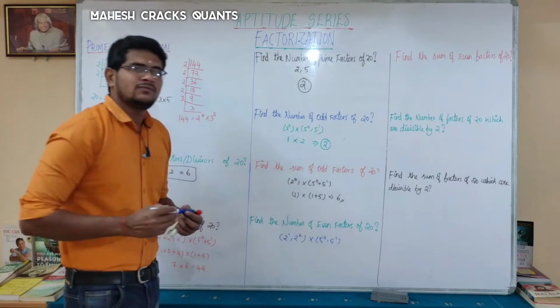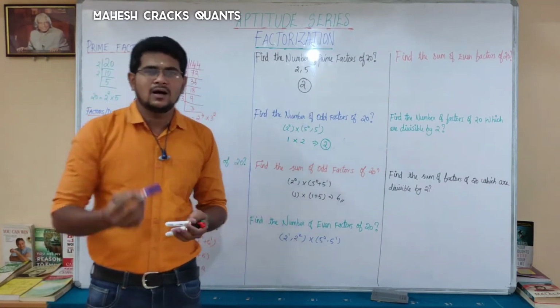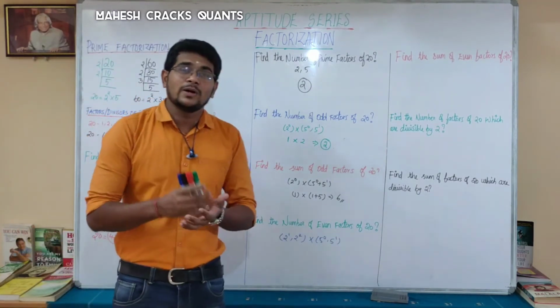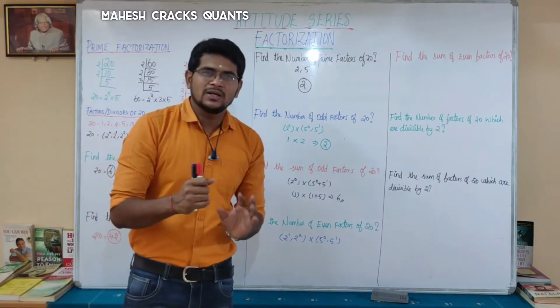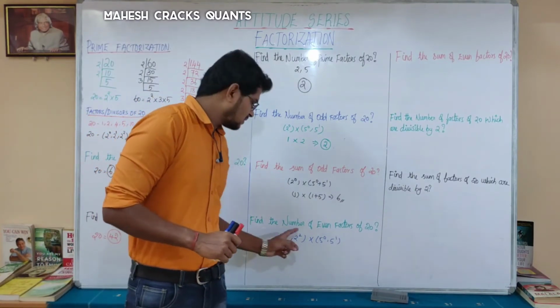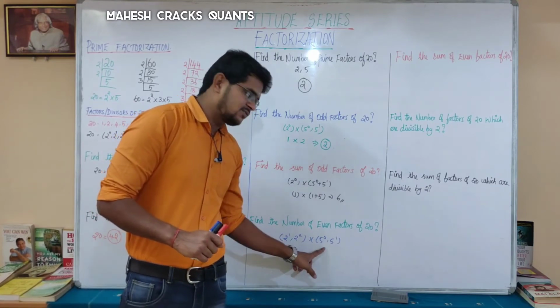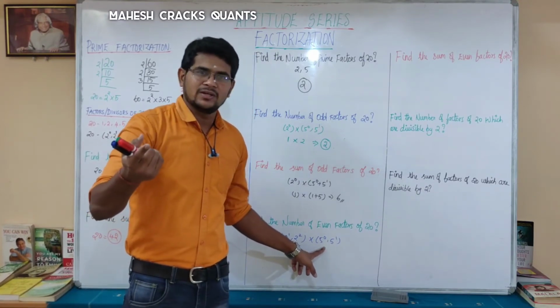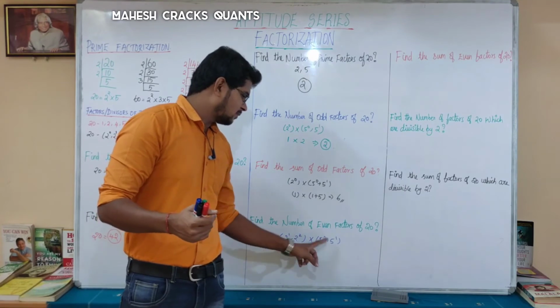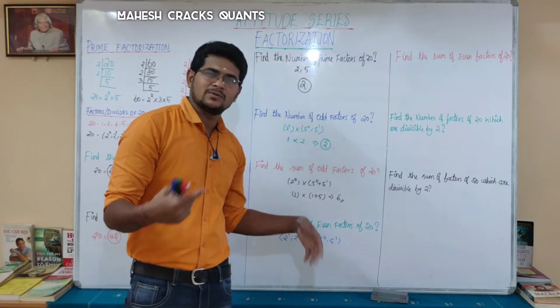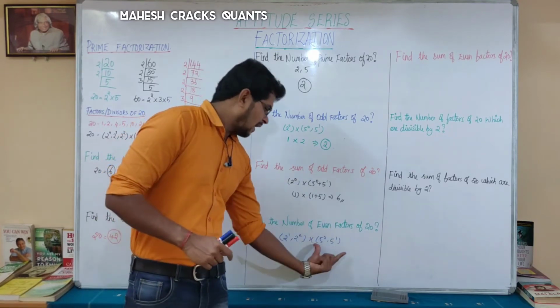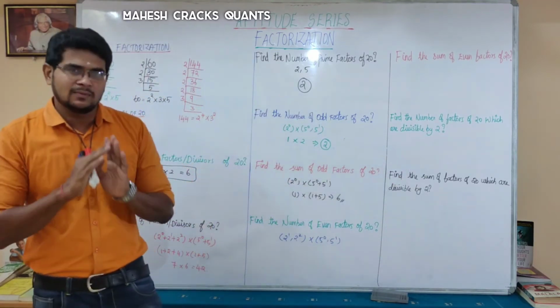You could ask me, 5 power 0 is odd, 5 power 1 is odd, why are we taking that? We are calculating odd and even only from 2, because when you multiply 2 power 1 with 5, you will get an even number. When you multiply 2 power 2 with 5 power 1, you will get an even number. Either 2 power 1 with 5 power 1, you will get an even number. So other parts you should keep as they are.